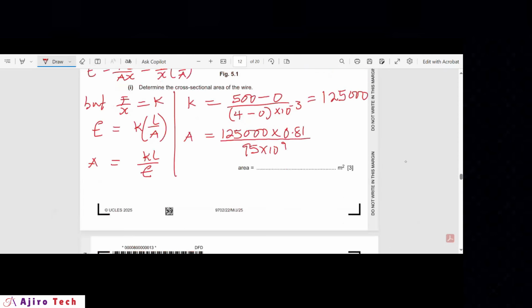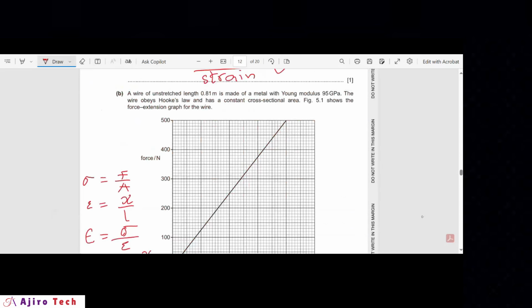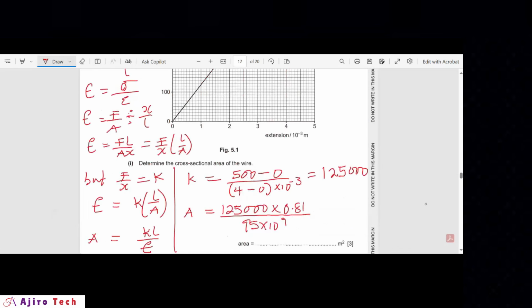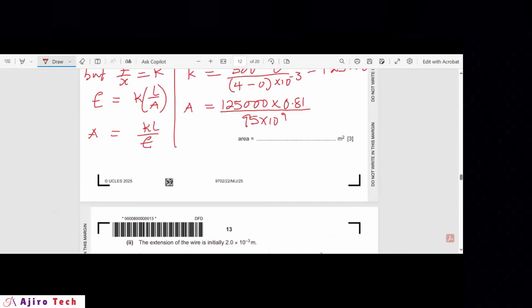Let's see what the calculator gives. It's giving us 1.1 times 10 to the minus 6.